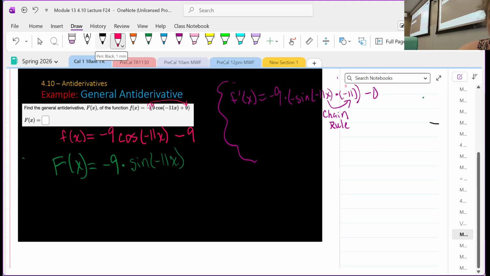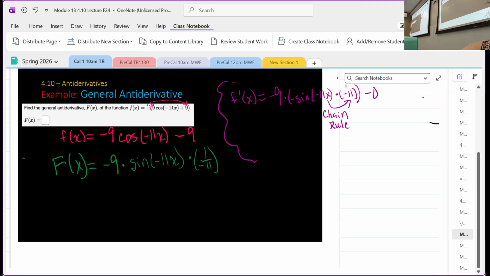But we do still have to account for that chain rule backwards process. So instead of multiplying by the negative 11, I'm going to divide by negative 11, which is the same as multiplying by 1 over negative 11. So that right there is our antiderivative of the negative 9 cosine.